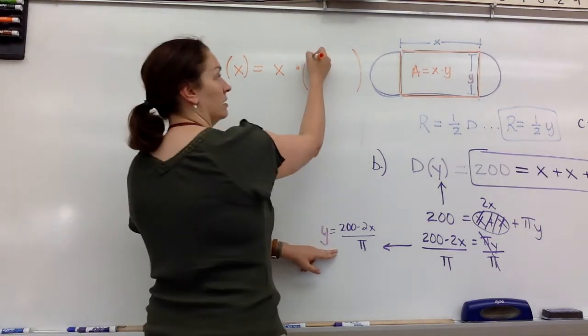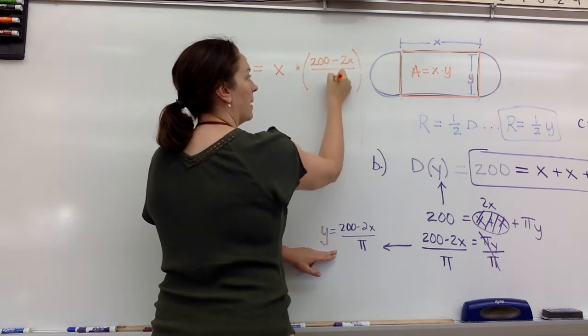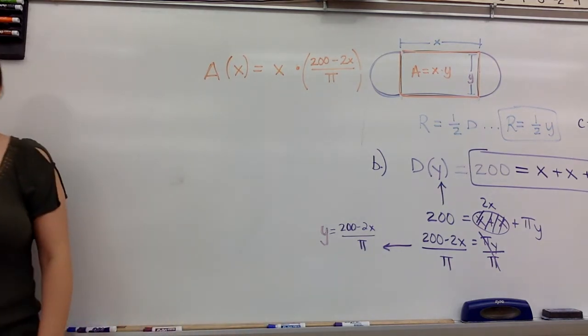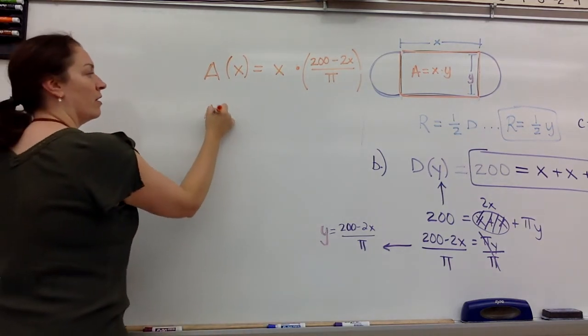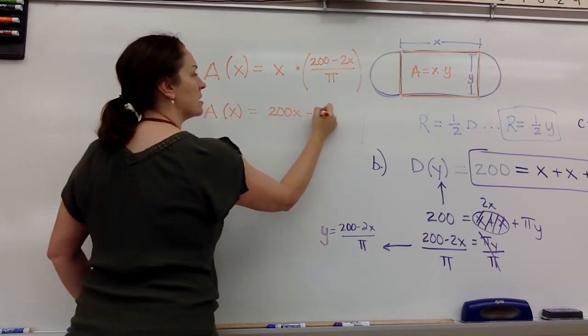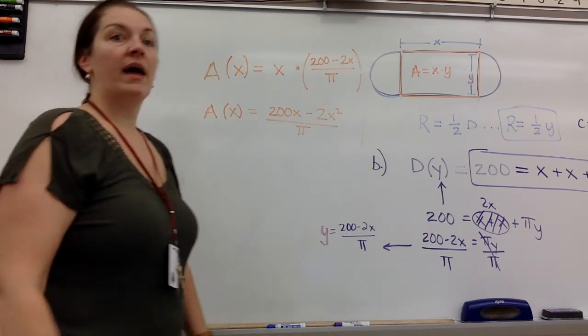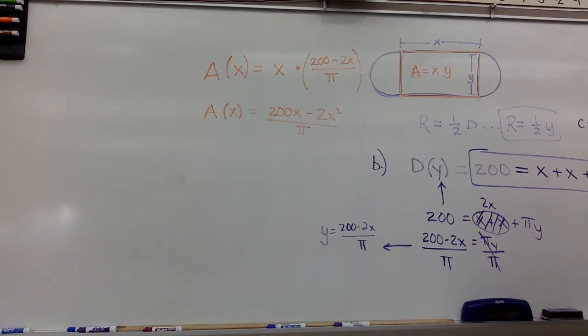So I'm going to put that in: (200 minus 2x) divided by pi. My area of the orange region in terms of x is equal to 200x minus 2x squared, all of which is divided by pi. Okay? That is going to be all of the different combinations of x and y that, when we plug them in, ultimately give me a distance around the track of 200.